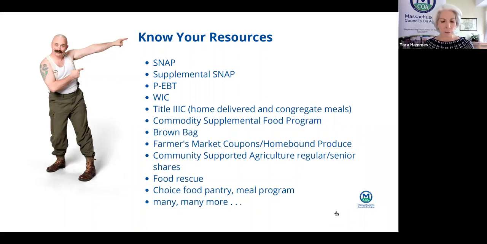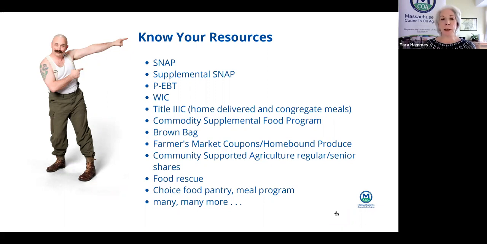I actually had one gentleman call and say, I was only getting $15 in SNAP and now I'm getting almost $200. Is this wrong? What happened? And I said, no, it was the boost. So there's your regular SNAP allowance, and then there's the pandemic boost.